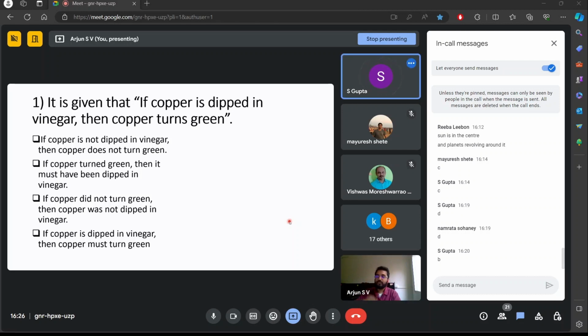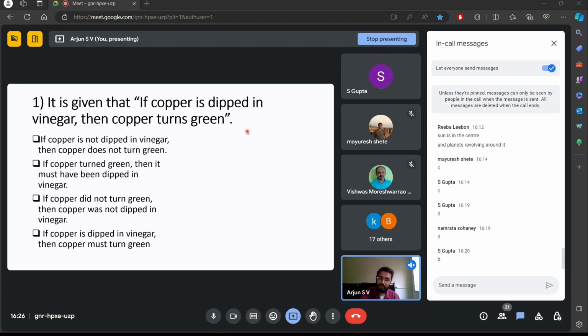Right, sir. According to this question, they have given that if A happens, copper dipping in vinegar, B happens, copper turns green. So if A happens, B happens. So this is an example of modus tollens. Sorry, modus ponens. Yes, sir. So what would be modus tollens?